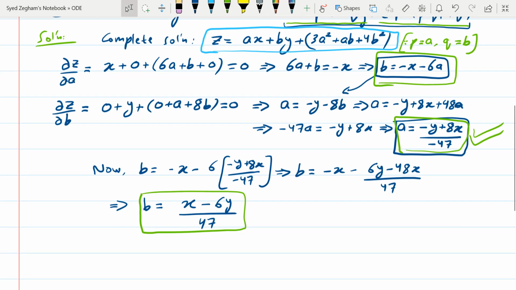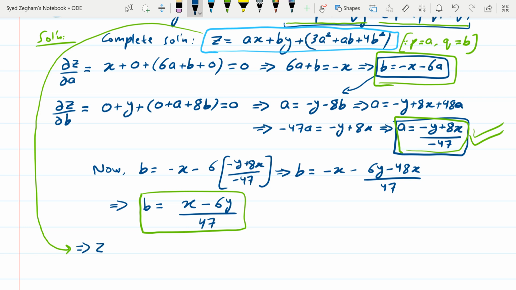Now what we will do in our complete solution, we will substitute these values of a and b. So what do I get now? This implies z will be equal to a, x. So what is a?